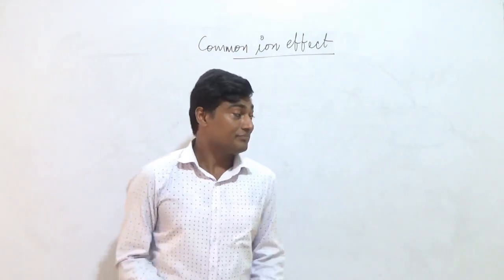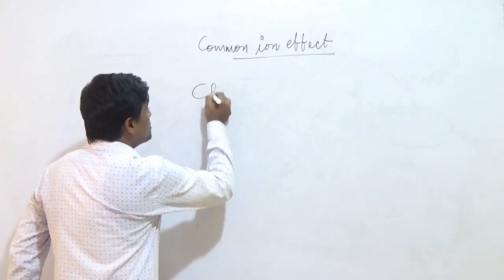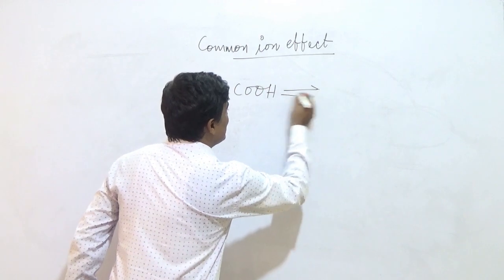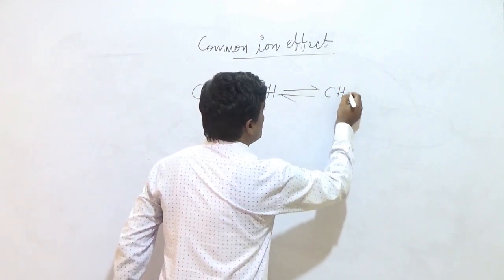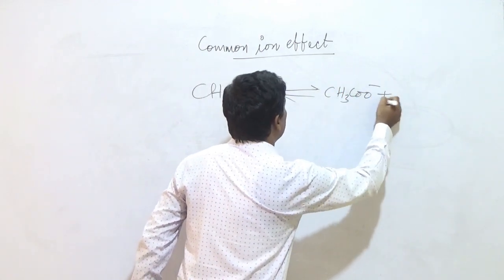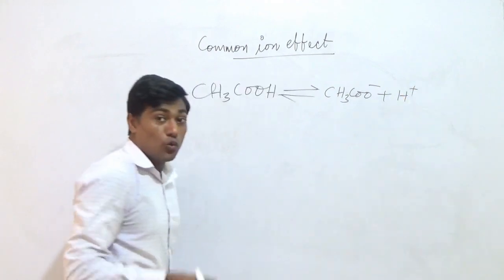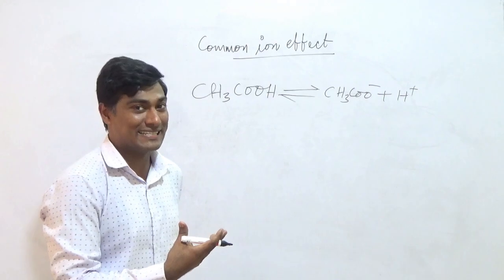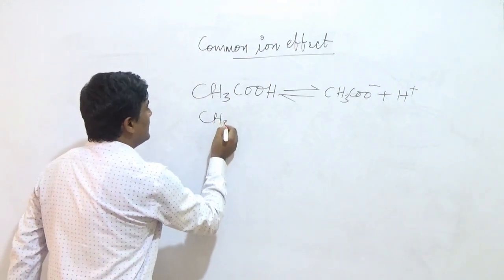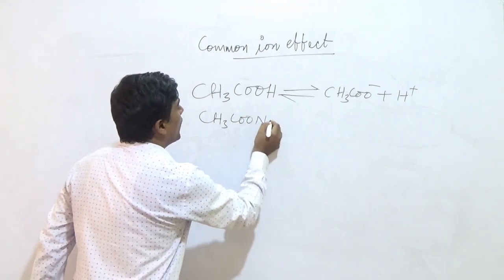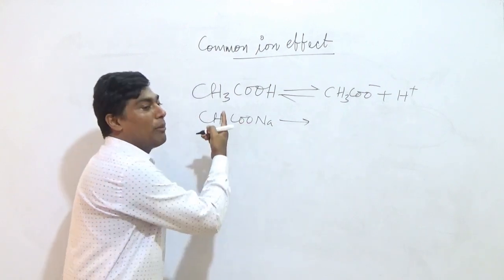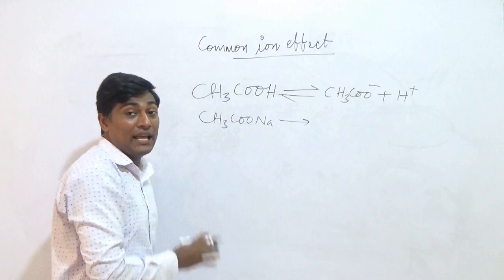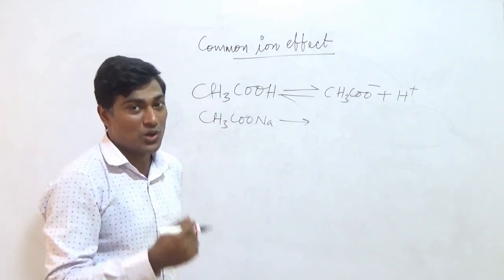This case of suppression can be understood by taking another example. You see, the dissociation of a weak acid CH3COOH. The dissociation pattern is like this. When we add CH3COONa, sodium acetate, it is completely dissociated because it is a strong electrolyte.